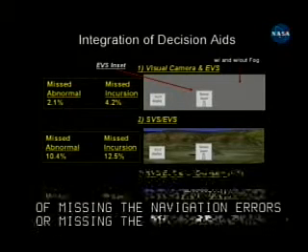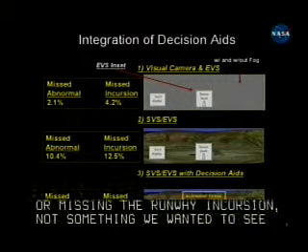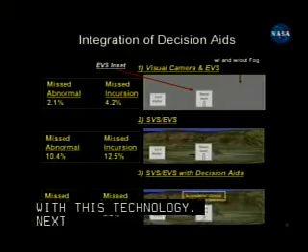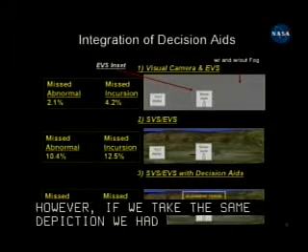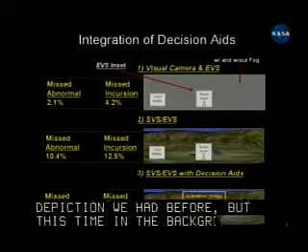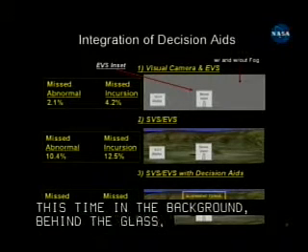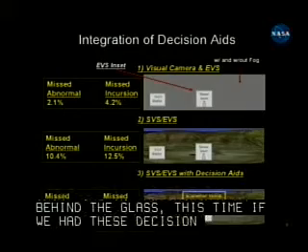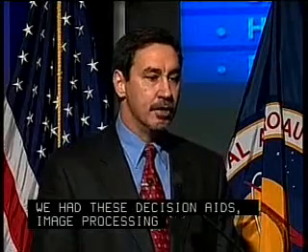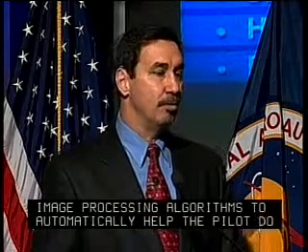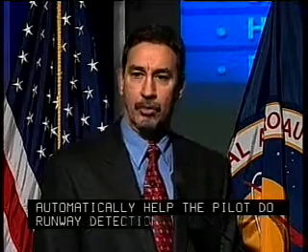Next transition, please. However, if we take the same depiction that we had before, but this time in the background, behind the glass, we like to say, this time if we had these decision aids, these image processing algorithms that we're using to automatically help the pilot do runway incursion detection or to do database integrity monitoring, now you can see that we've gone to the case where they don't miss any of the non-normals that occurred.